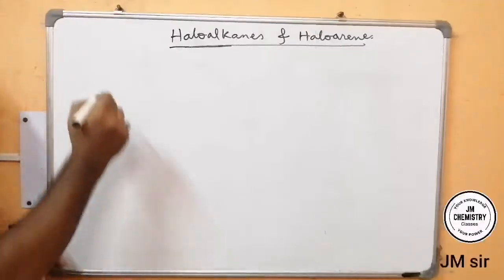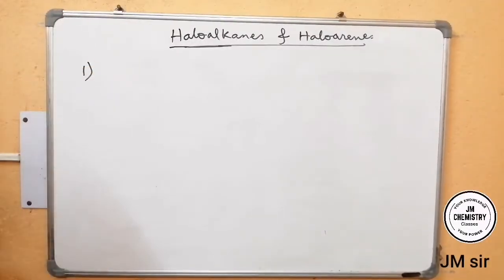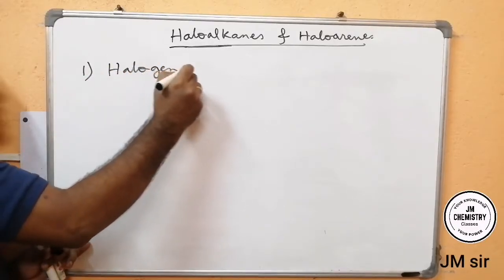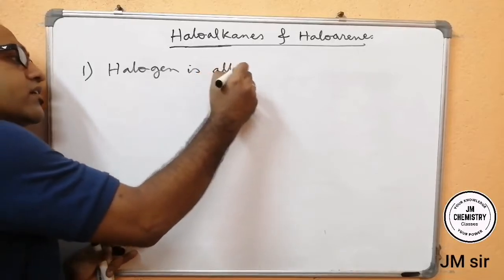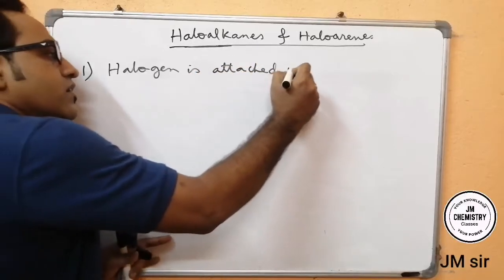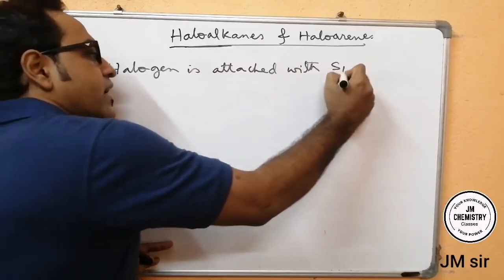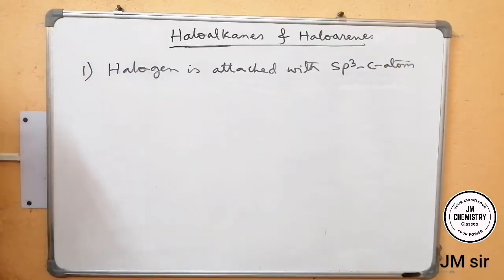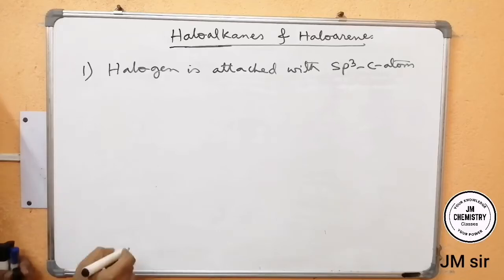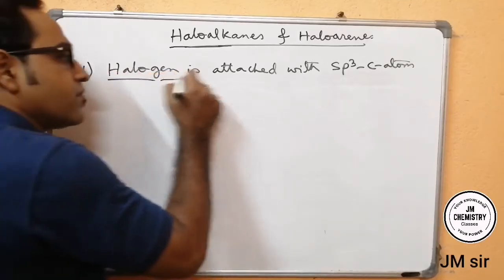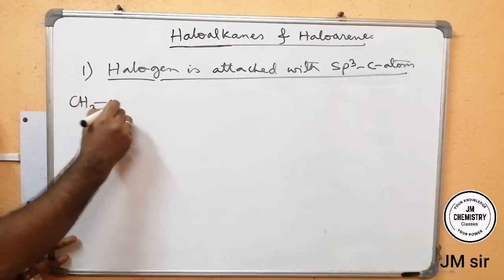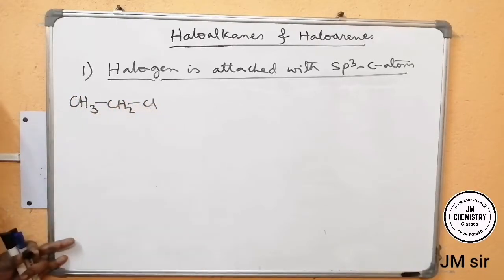So the first classification is where the halogen is attached with sp3 carbon atom. For example, this one, CH3-CH2-Cl.